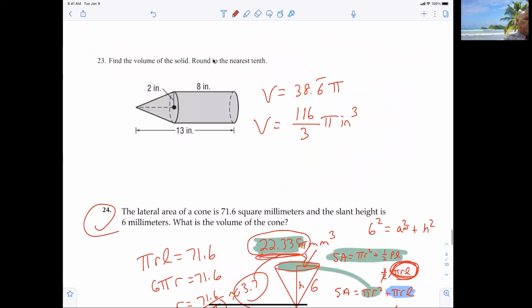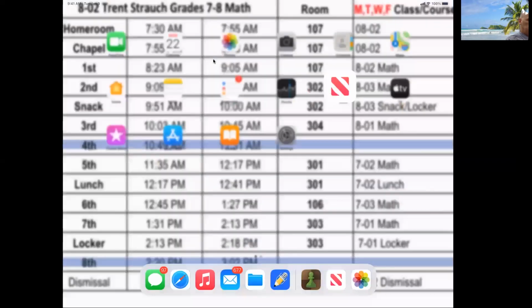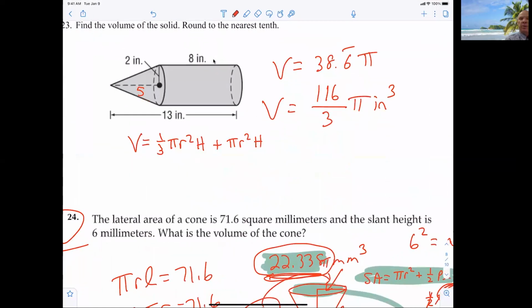Let's look at 23 again. This is just the volume of a cone, which is 1/3 pi r squared times h, plus a cylinder, which is just pi r squared times h. You agree with that? Now, it looks like the height of the cone should be 5, right? You see it should be 5, right?